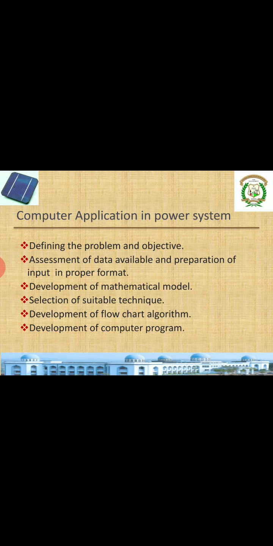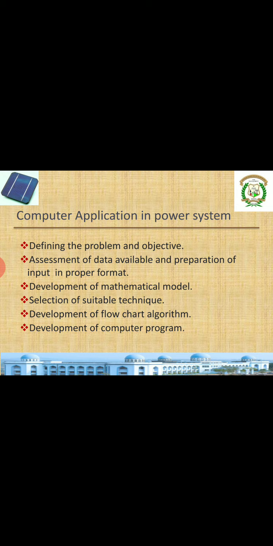The next one is assessment of data available and preparation of input in proper format. Many data are available with us, like generator details, bus details, type of bus. These things we need to prepare in the proper format which can be used as an input.